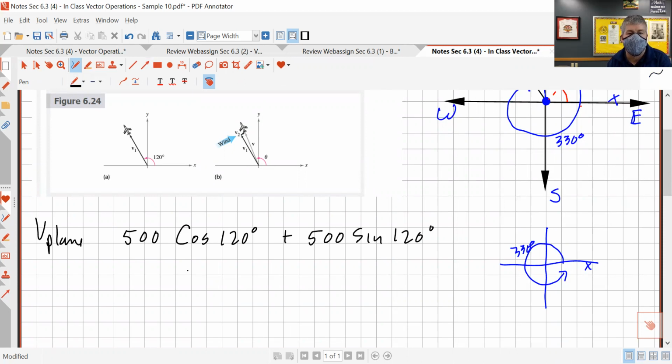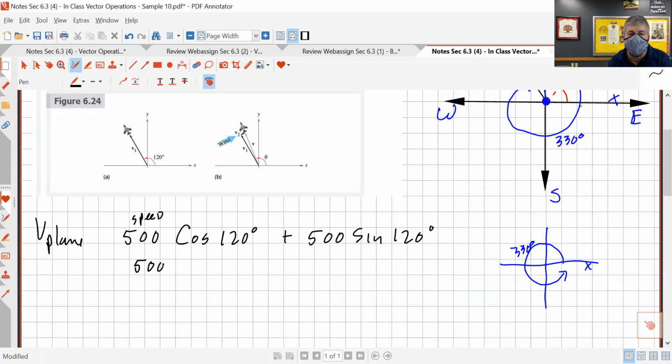So we're going to work on this vector of the plane. Any questions where we got the 120 from? Okay. And the 500 is just the speed of our plane, right?